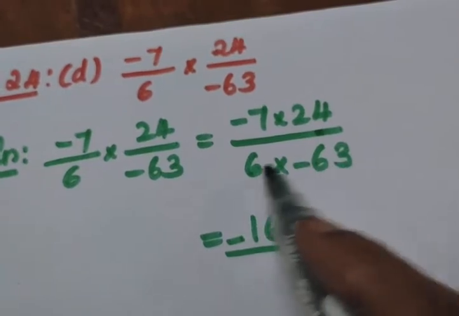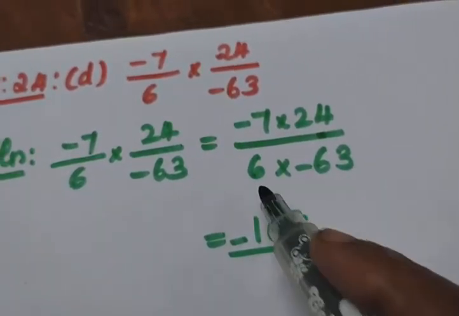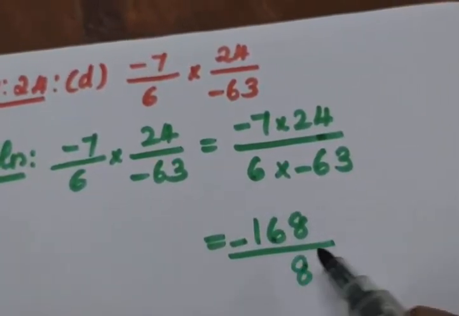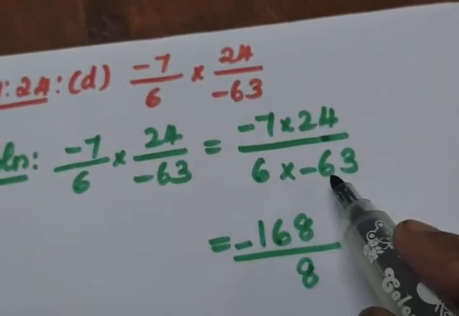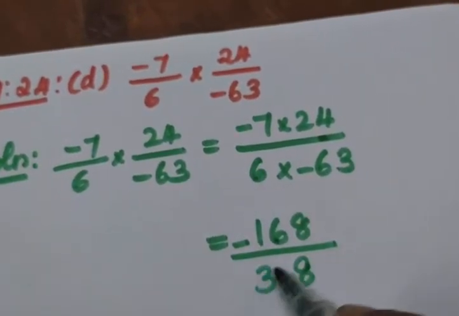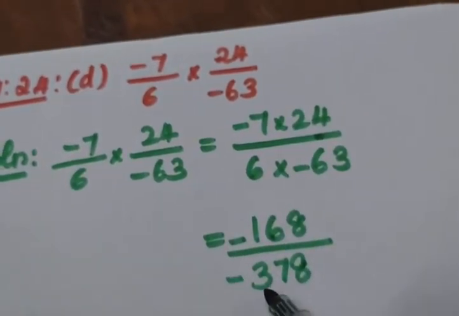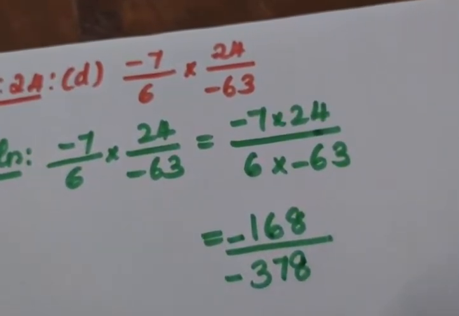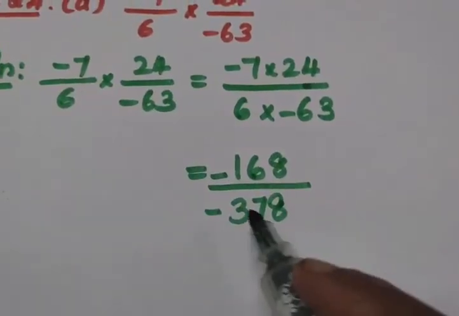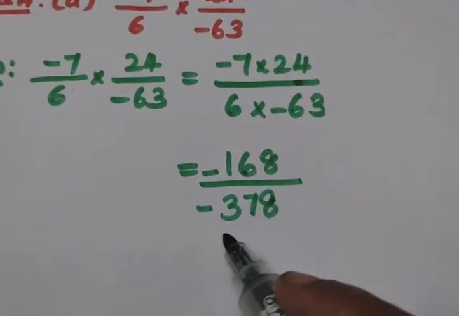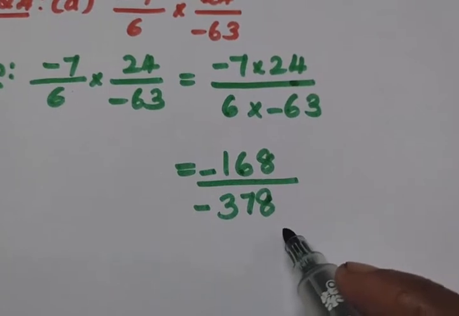Then 63 into 6: 6 3's are 18, remainder 1. 6 6's are 36 plus 1, 37. Here also plus into minus is minus. So minus 378. We got minus 168 by minus 378.